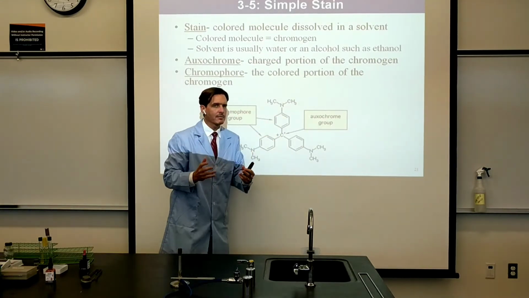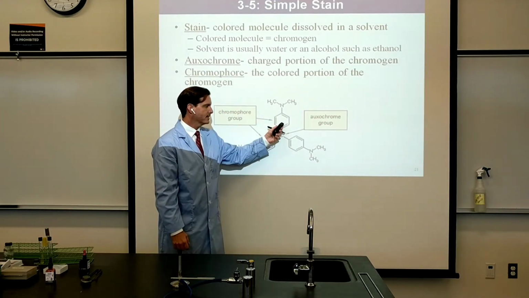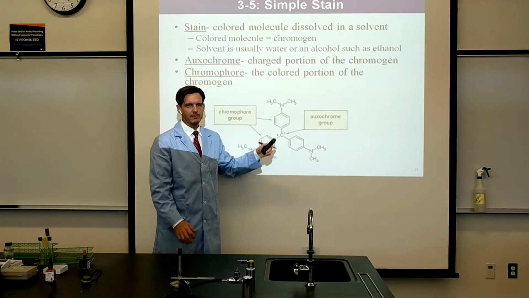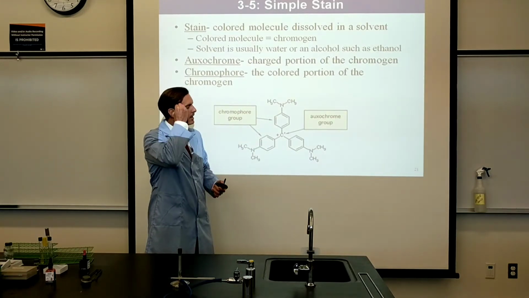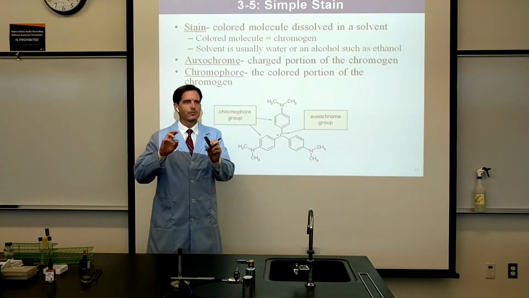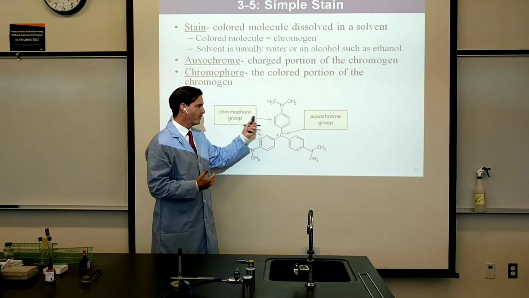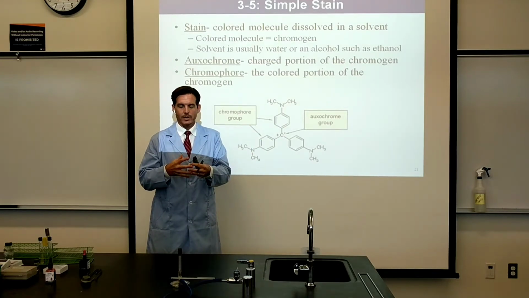So the more six-membered rings there are in the molecular structure, these are called benzene rings. These modified benzene rings, as they're referred to chemically, are going to reflect back bright, vivid colors. The more chromophores there are, the deeper and more intense the color.